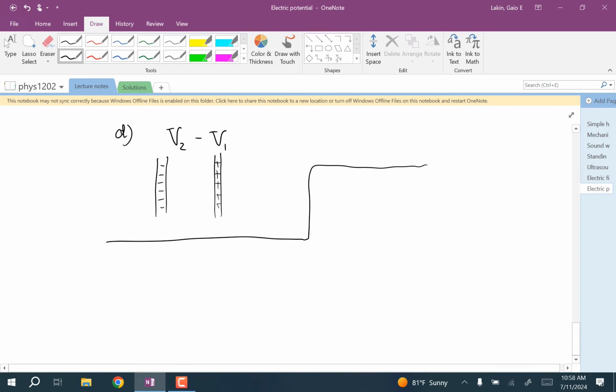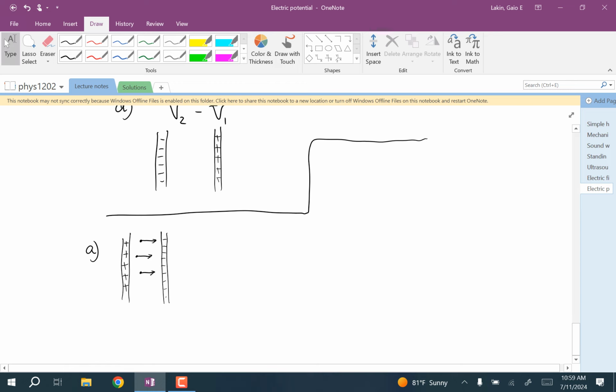Okay, so first we're assuming that we have the positive plate on the left and the negative plate on the right. And the effect of that is that at every point between these two plates, the electric field vector is pointing towards the right because it always goes from the positive toward the negative.